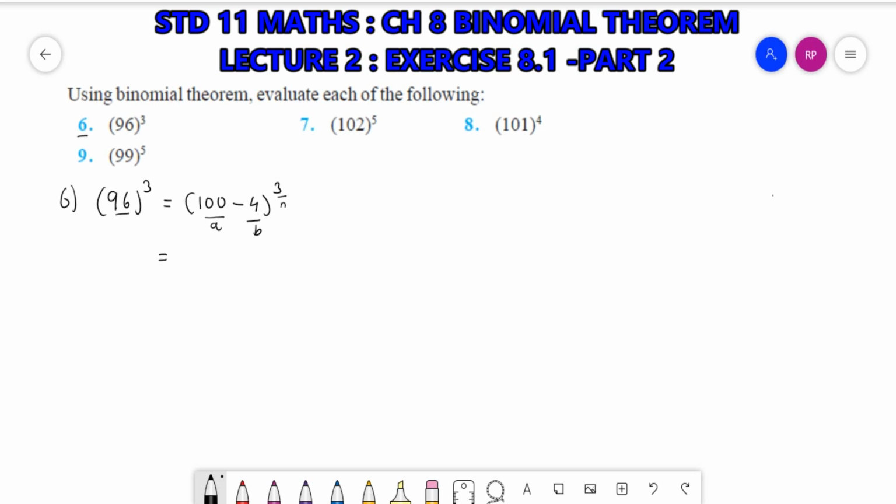So our formula was nC0, that means 3C0, a raised to 3, b raised to 0, no need to write it down.